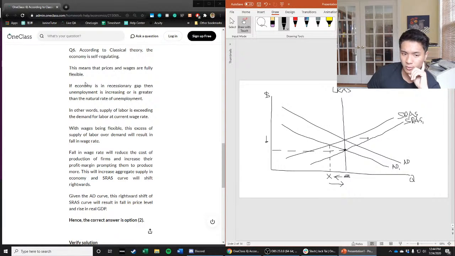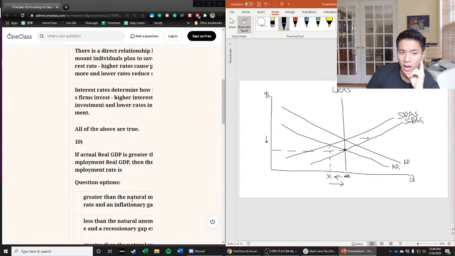A fall in the wage rate will reduce the cost of production of firms and increase their profit margins, prompting them to produce more. This increases the aggregate supply in the economy, and the short-run aggregate supply curve will shift rightwards. Given the aggregate demand curve, this rightward shift of the short-run aggregate supply curve results in a fall in price level and a rise in real GDP. Hence, the correct option is answer 2.